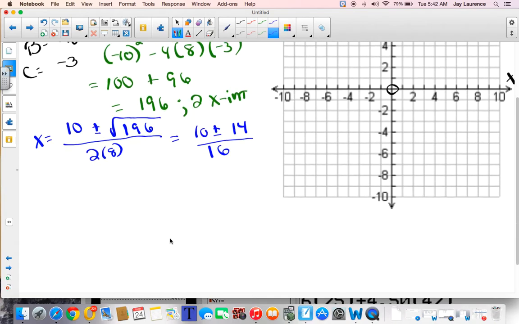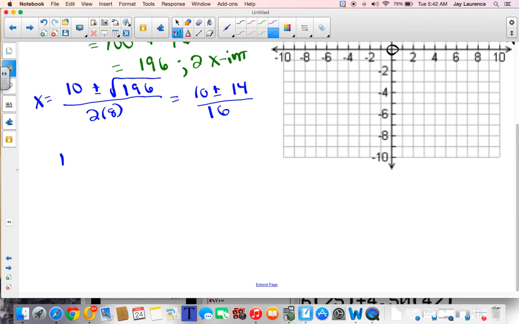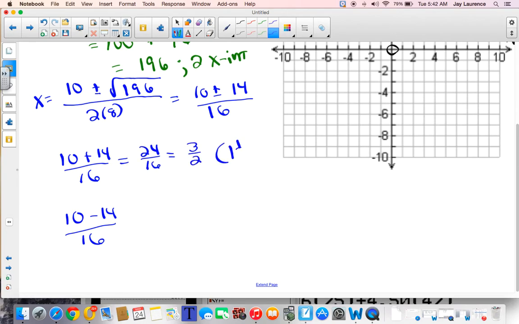And so then we have those two problems. So we have 10 plus 14 over 16. And we also have 10 minus 14 over 16. So this is going to be 24 over 16. If I simplify this fraction, we get 3 over 2, or 1 1/2. The y-coordinate is 0.